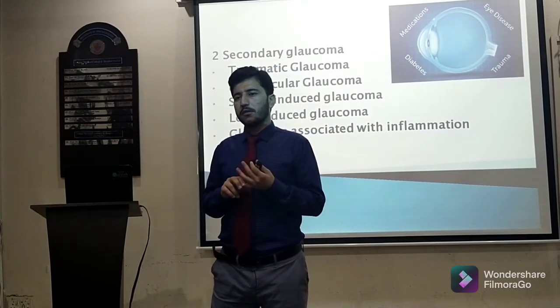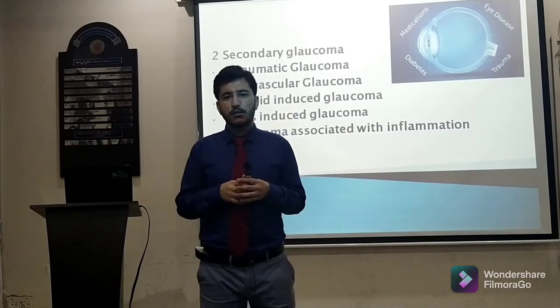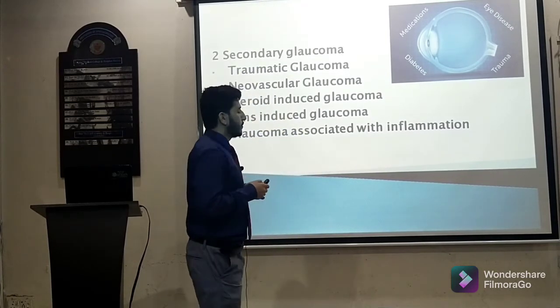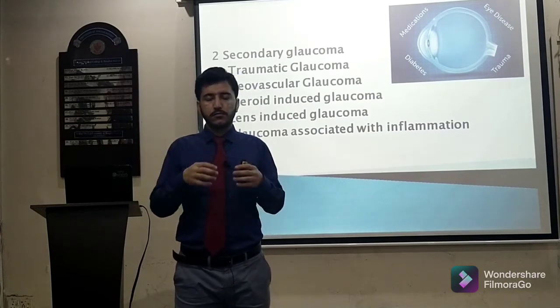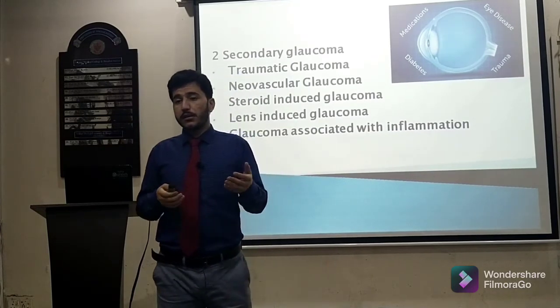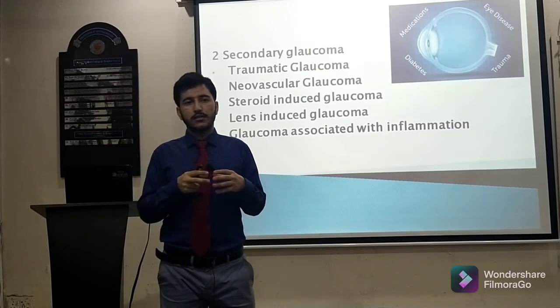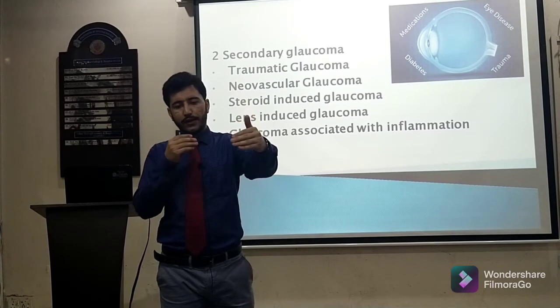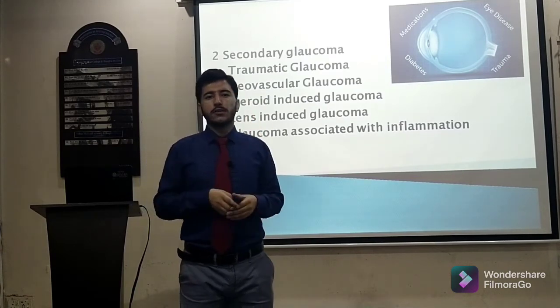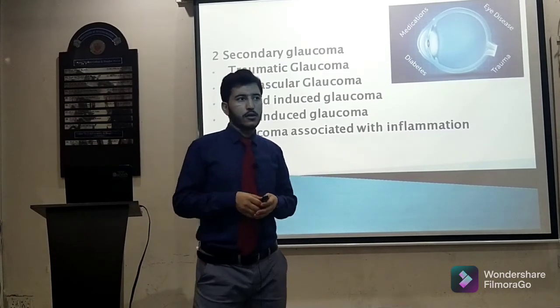Due to the lens shape, the patient will develop glaucoma. Due to imbibition of water, the lens swells, the angle between the cornea and iris closes, and the patient will develop glaucoma.